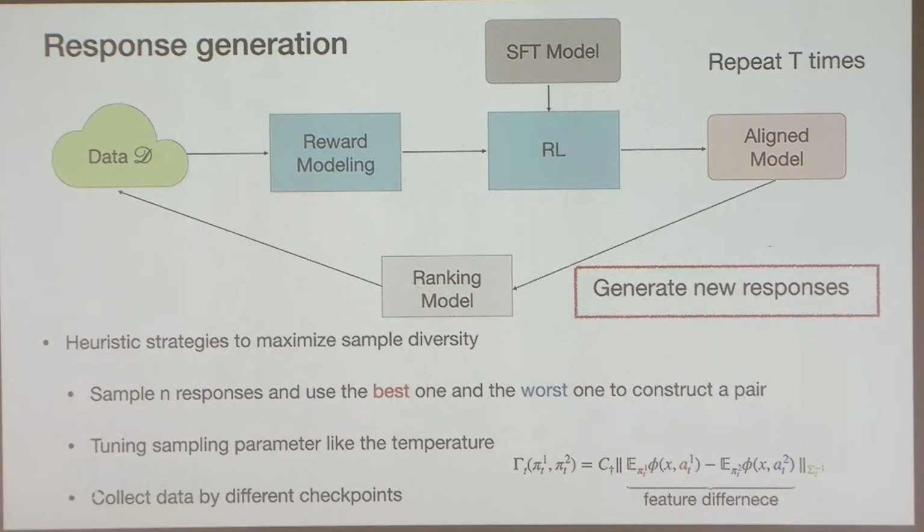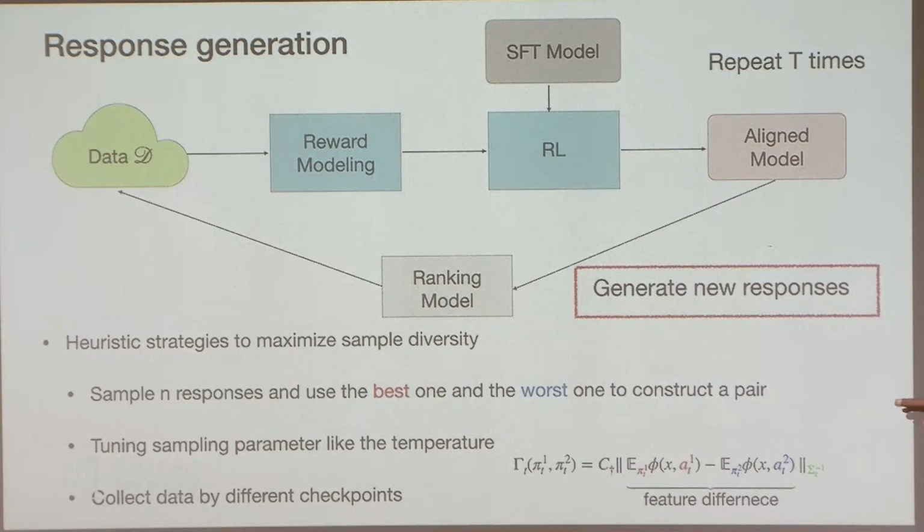This is because if you look into the uncertainty estimator, what you can do is maximize or at least enlarge the feature difference between these two policies. So intuitively, you can try to maximize the sample diversity so as to enlarge the information you receive from this exploration. The very first thing we do, which is also a very popular choice in practice, is so-called best-of-n sampling.